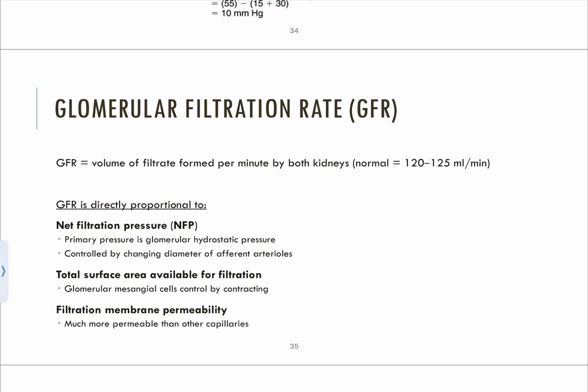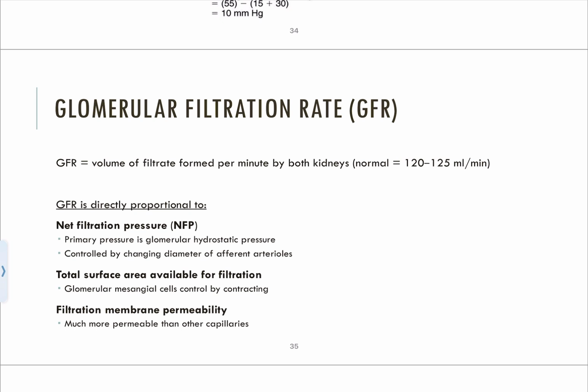This is the primary pressure that we talked about, the glomerular hydrostatic pressure, or the pressure pushing out. And it's controlled by changing the diameter of the afferent arteriole. So if we make the diameter even larger than it already is, that would increase the pressure even more. If we constrict the afferent arteriole to have a smaller diameter, then this would lower the pressure. Also, the total surface area that's available for filtration.